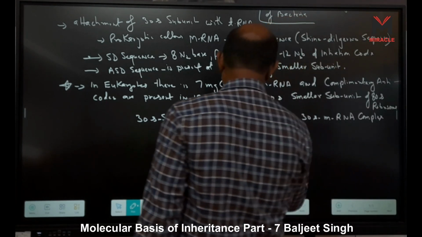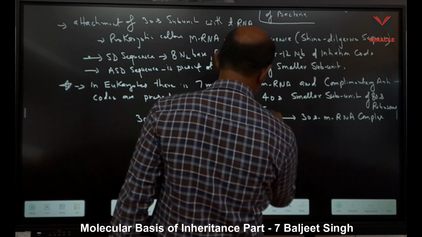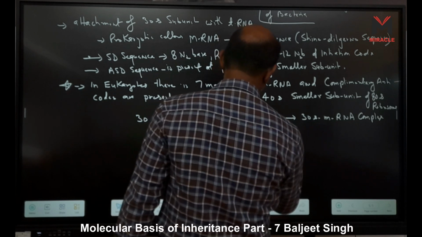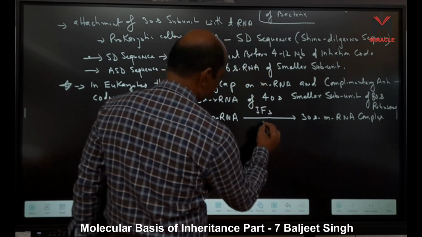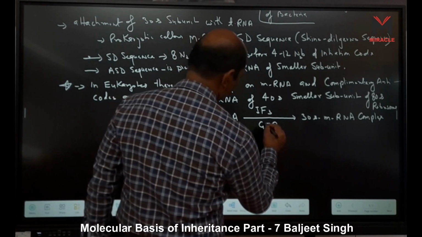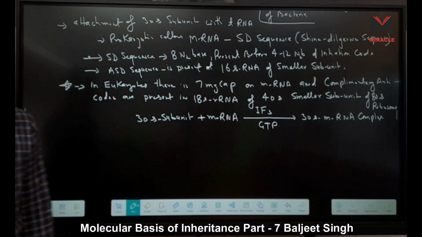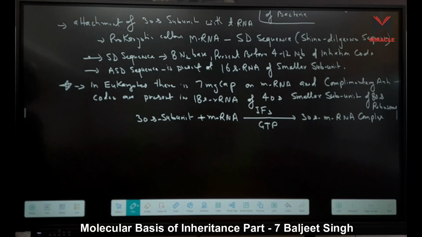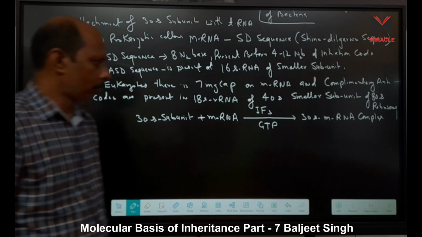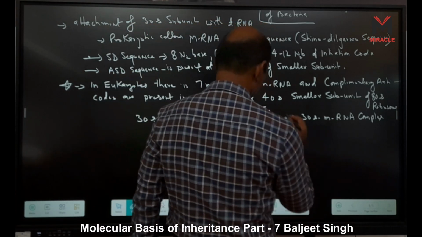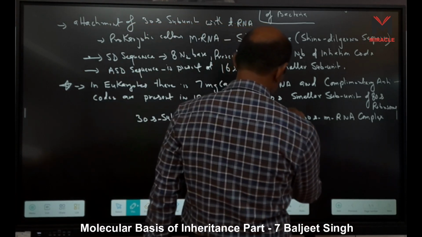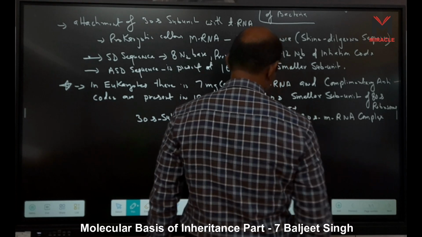Here IF3, right? And for the formation of this complex, GTP is used, because without energy no complex is formed, right? One more ion is also used here, Mg plus 2.